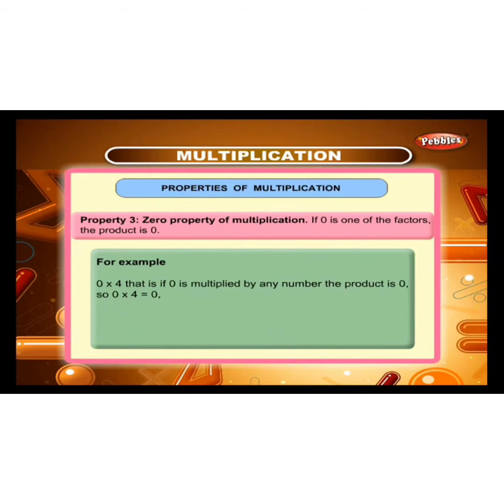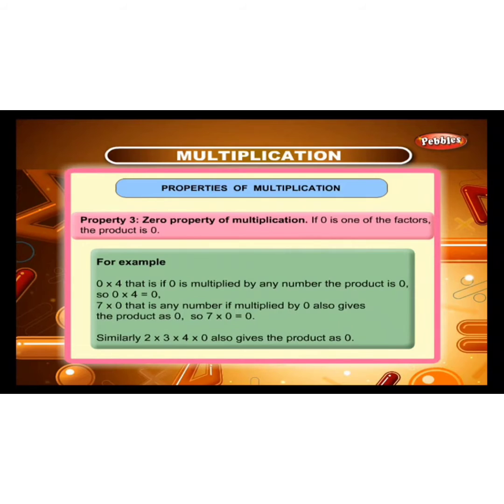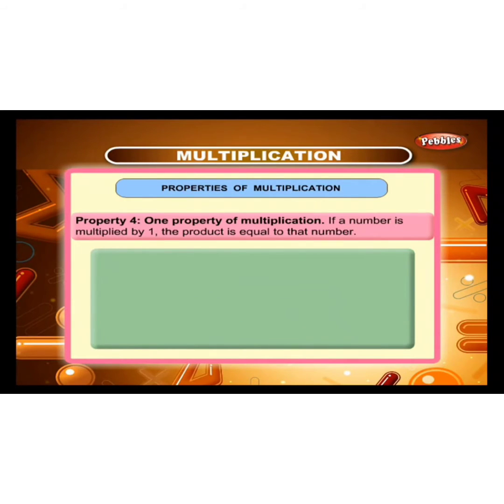So, 0 into 4 is equal to 0. 7 into 0, that is, any number multiplied by 0, also gives the product as 0. So, 7 into 0 is equal to 0. Similarly, 2 into 3 into 4 into 0 also gives the product as 0.